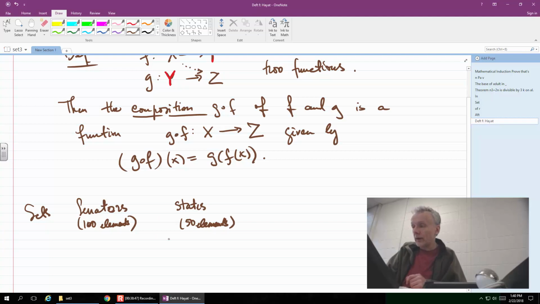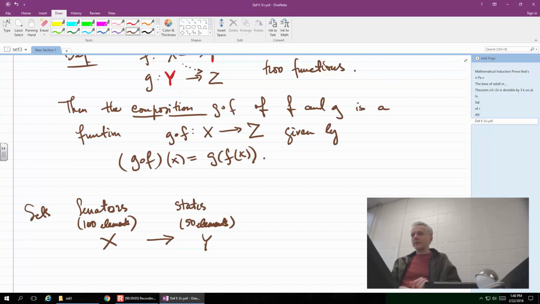So this way, why not the other way around? So this is say X and this is Y. For every X there is a Y, but for a Y there's more than one X. That's right.